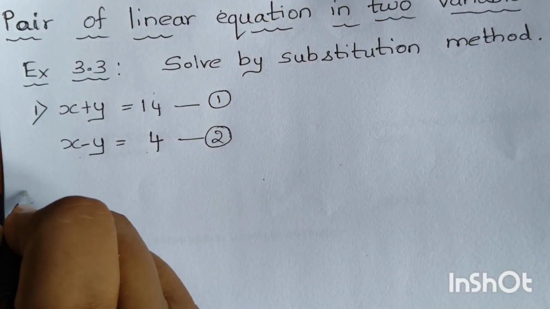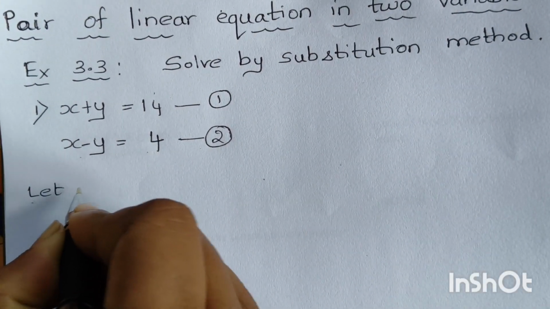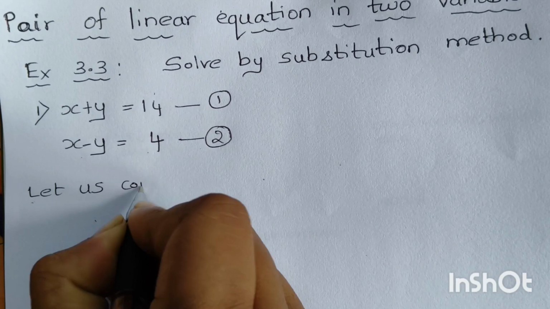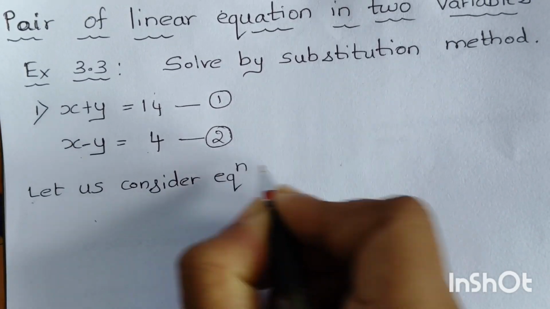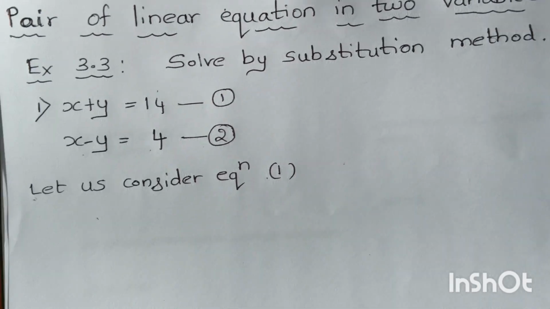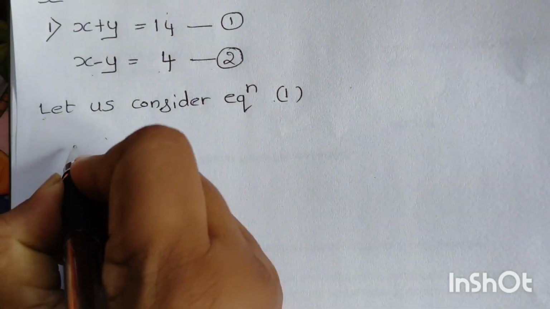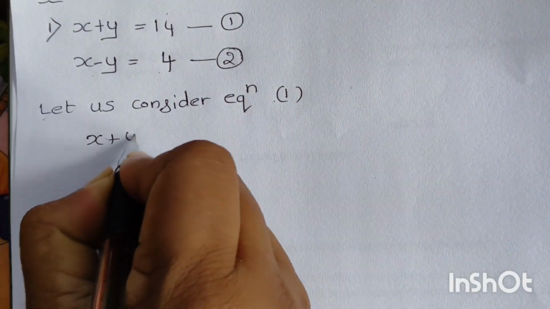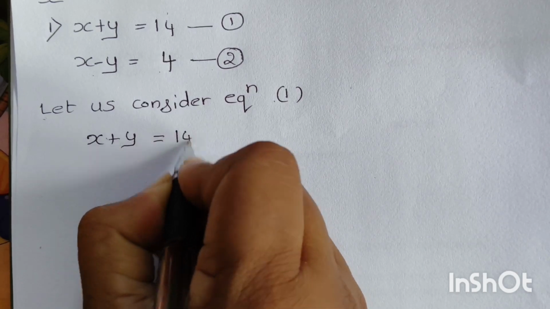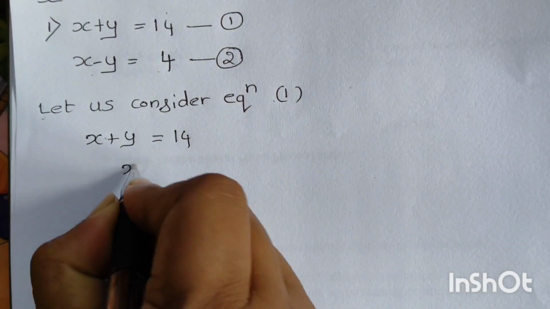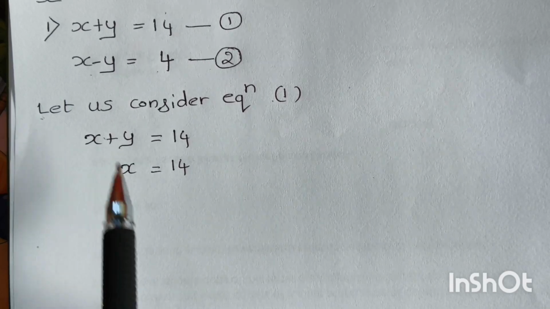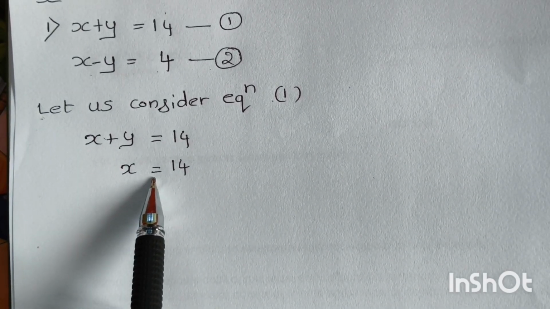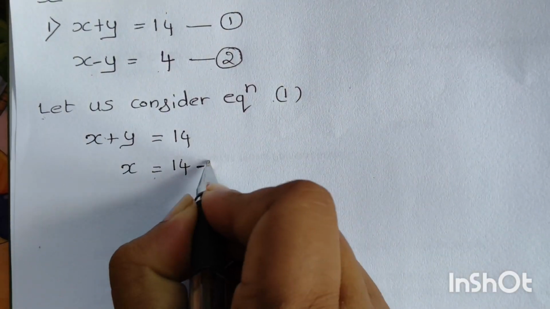First let me consider equation 1, that is x plus y is equal to 14. Here x is equal to 14; when this plus y crosses the equal to sign, it will become minus y.